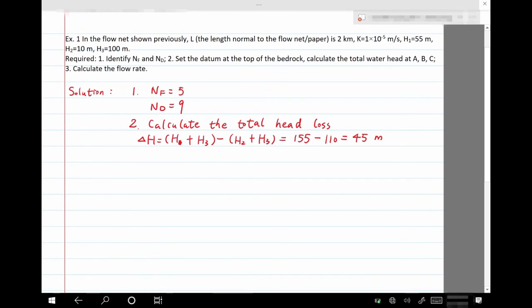And here, because we don't have a constant water traveling distance, for delta H there are ND equals 9 equipotential drops.